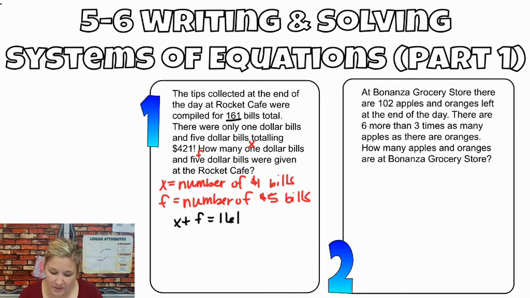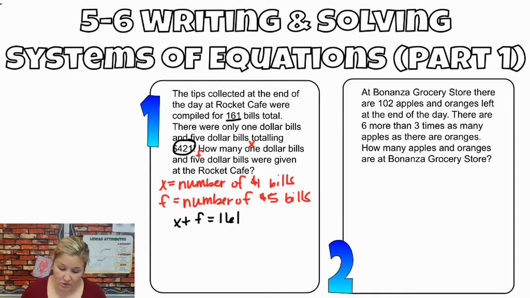They were totaling $421. And remember, we keep our money all in one equation. When I look through here, it doesn't look like I have money. This is kind of like the quarters and the dimes, because $1 bills and $5 bills have money connected to them, just in the name.